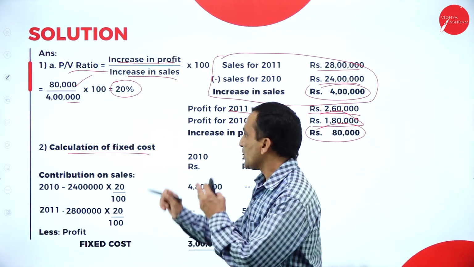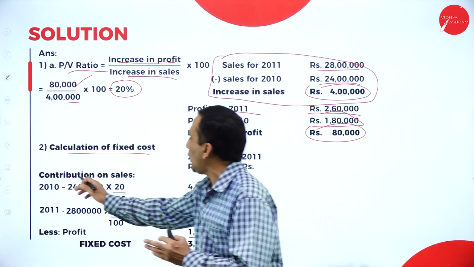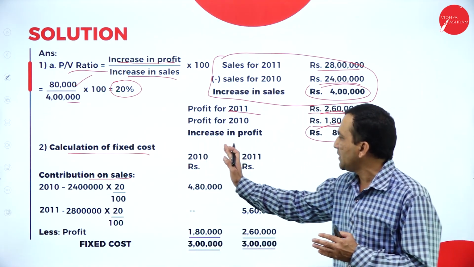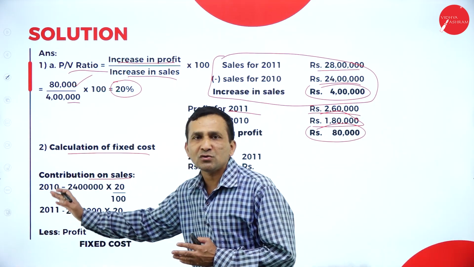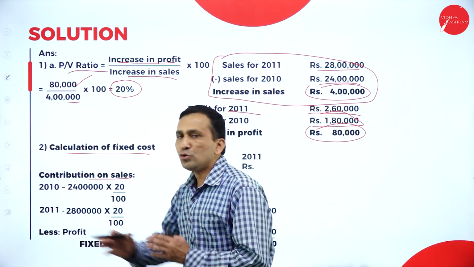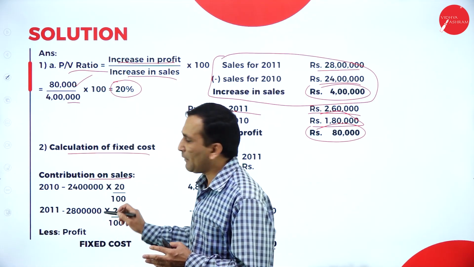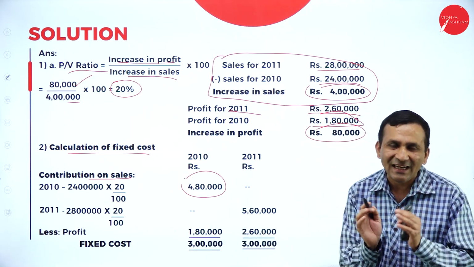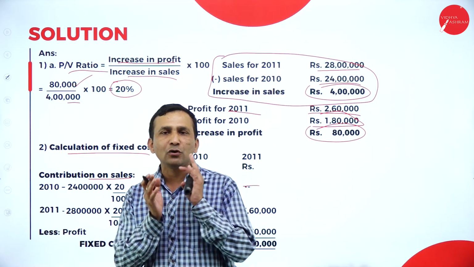The first question: calculate the fixed cost. How are we calculating the fixed cost? Based on the sales, we will find the contribution on sales. In the vertical there are also 2 columns, for 2010 and 2011, and horizontally also 2010 and 2011, because the calculations are separate. At the time of 2010, sales is 24 lakhs, and the PV ratio we know is 20%. If you multiply, we get 4,80,000, which we write in front of 2010. In 2011 we do not write it, because the calculation is applicable for 2010.